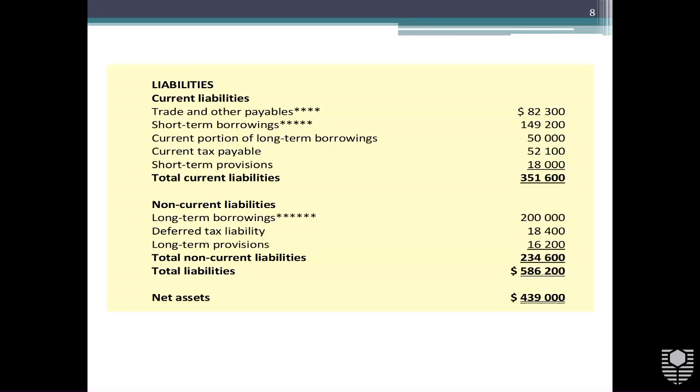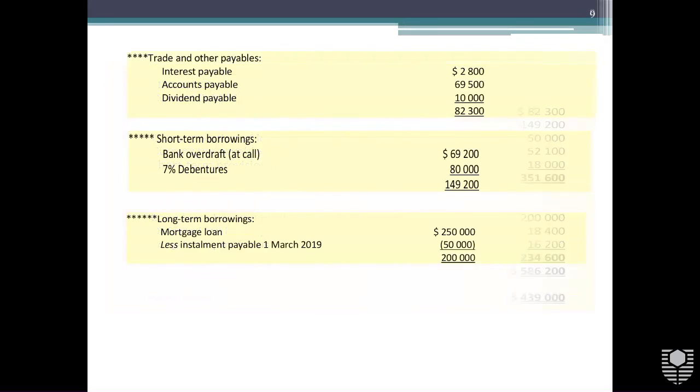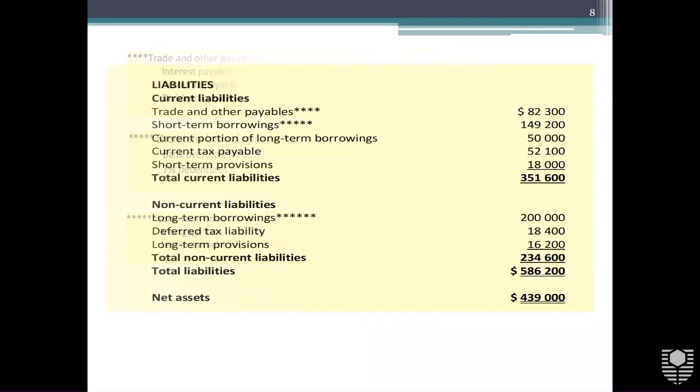Short-term provisions of $18,000. Let's have a look. Where are those provisions? With the note, item G divides it up into annual leave and long service leave.